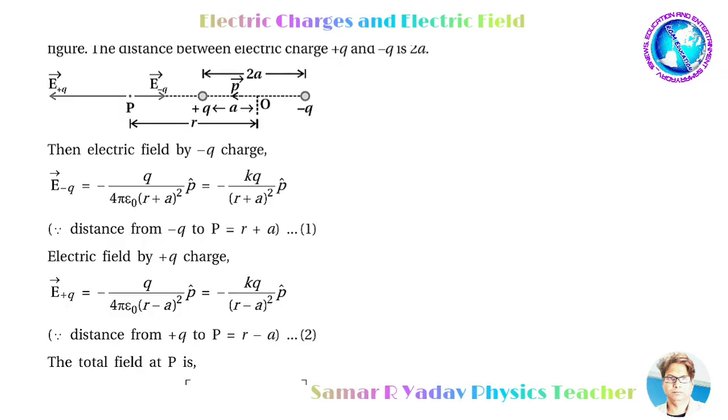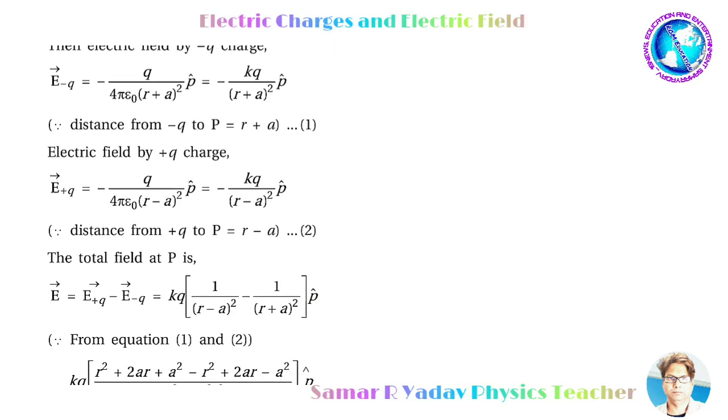The total field at point P, you can see in the figure, that is vector E is equal to vector E plus q minus vector E minus q, is equal to kq times 1 upon (r minus a) whole square minus 1 upon (r plus a) whole square, into unit vector p.